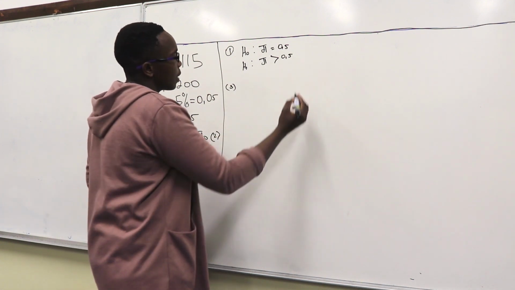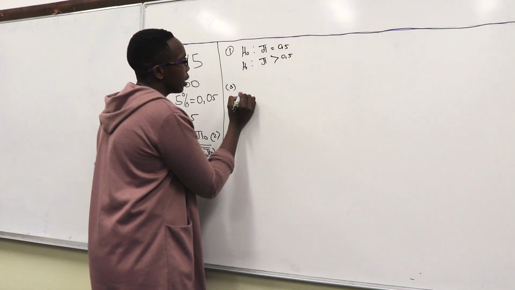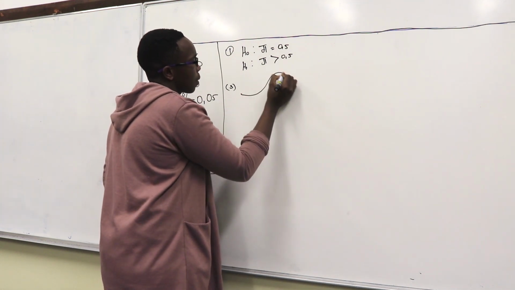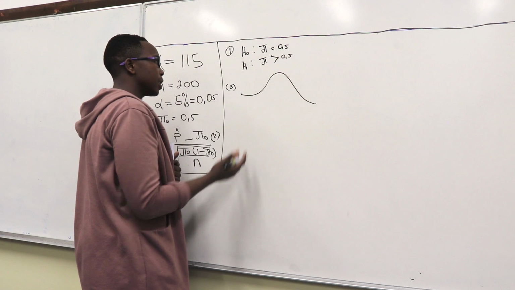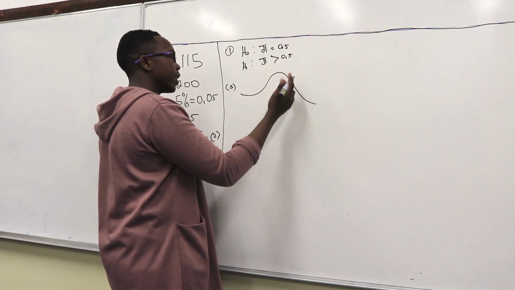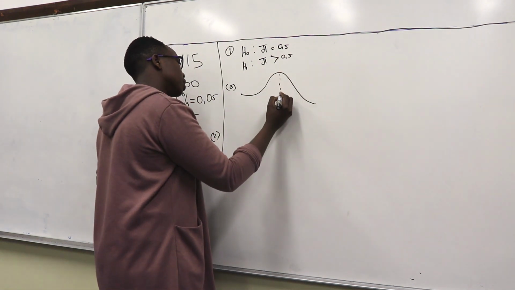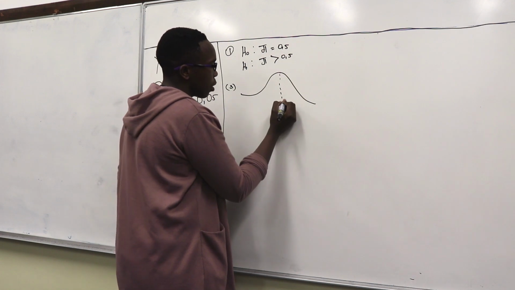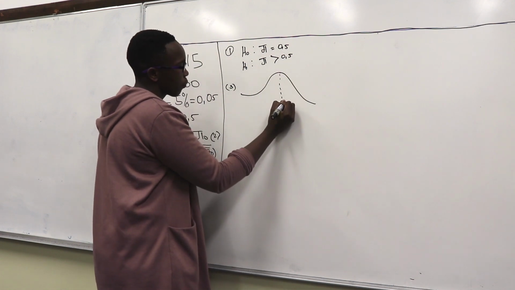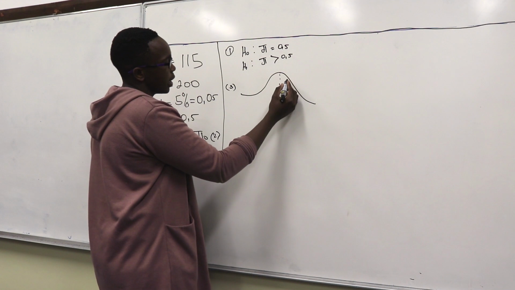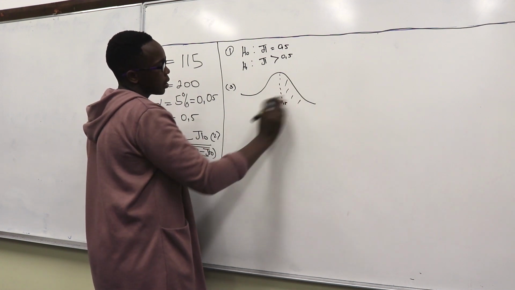In step 3, I like to draw a picture. They say it's greater, so let's assume this is 0.5. They say it's greater, meaning that we're going this side.